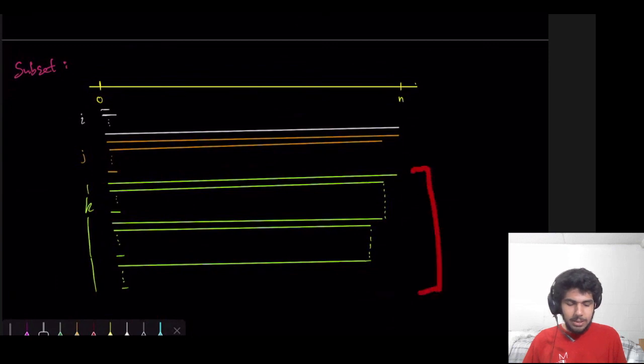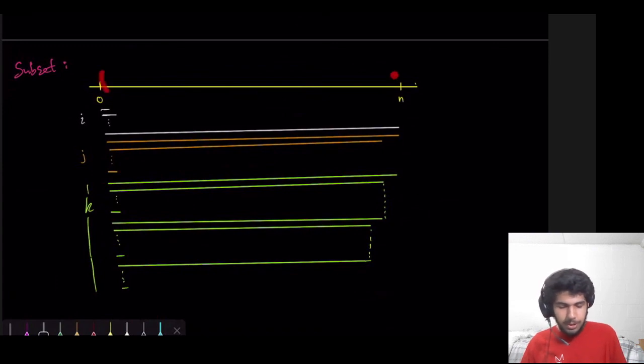For k, it's a little harder to quantify because it covers a lot of ground on the first iteration of that inner loop when i equals 0 and j equals n. But then when i increases by 1, we miss out a little bit here. And then as we get smaller and smaller, we're missing out on more and more, right?